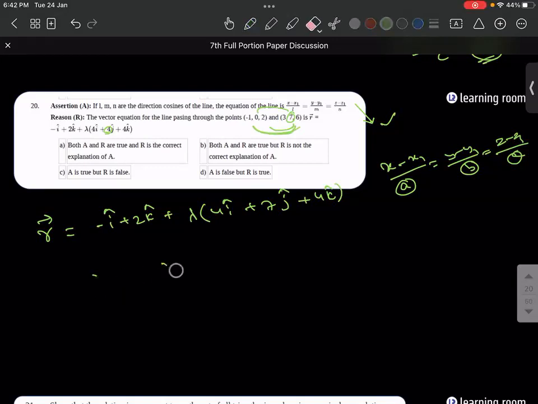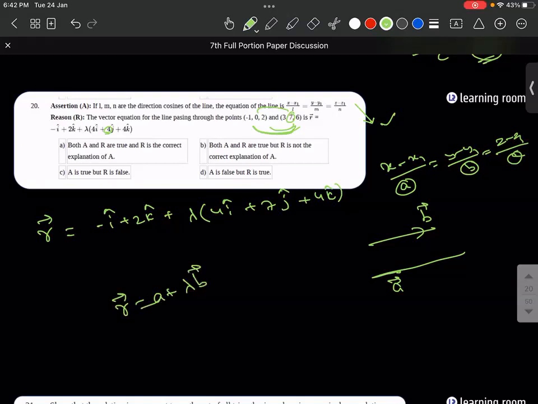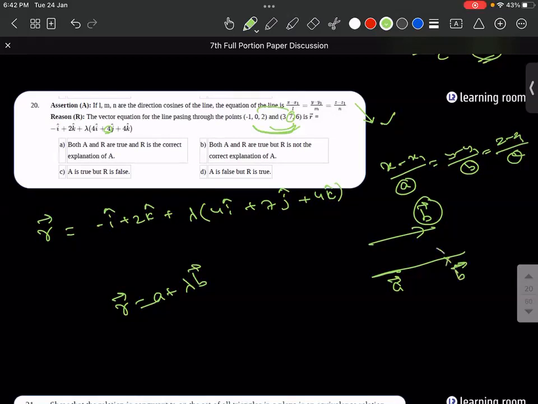See, what is the equation of a line that is passing through a point and parallel to another vector b? A vector plus lambda times b vector. In case of vectors, the concept of parallel vectors and collinear vectors are going to be the same. So will you be able to find the direction ratio of these two?